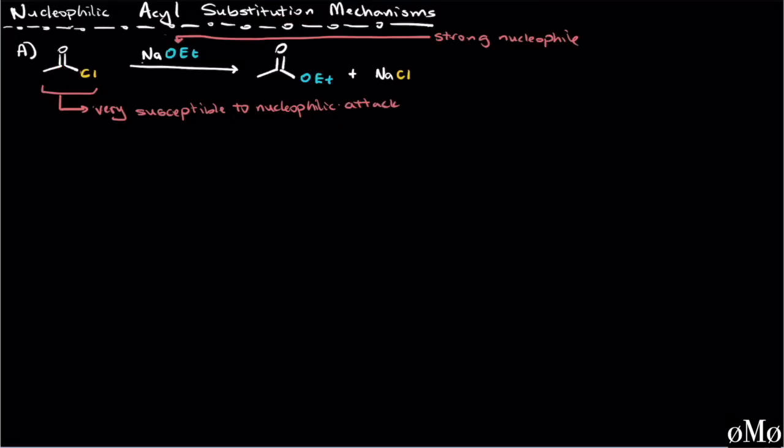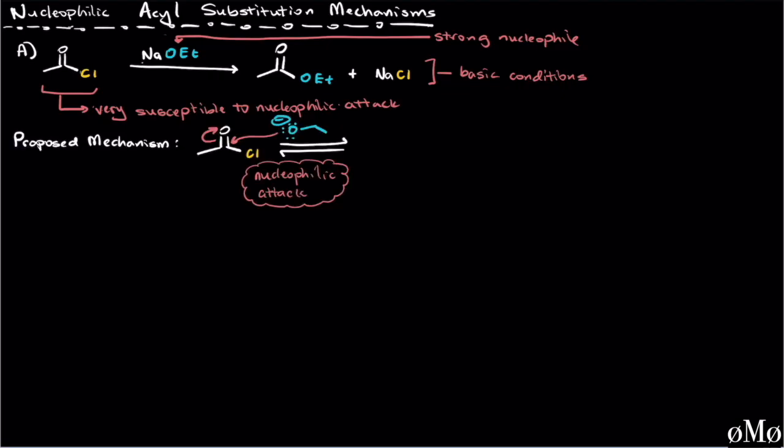And then we established that we are indeed dealing with a strong nucleophile. So you have a strong nucleophile and a carboxylic acid derivative that is very susceptible to nucleophilic attack. And then lastly, we got to establish what kind of condition are we in, acidic or basic or somewhere in between. Here, it's pretty clear that we're under basic conditions.